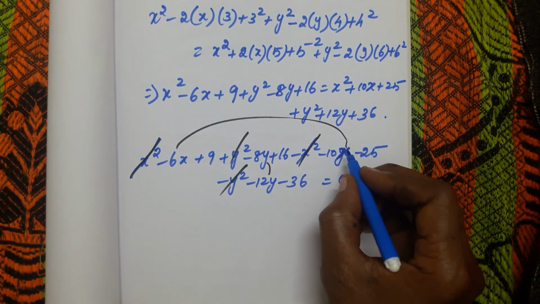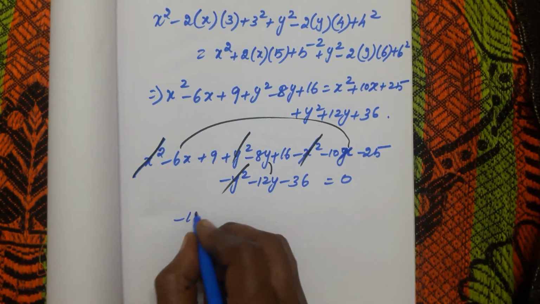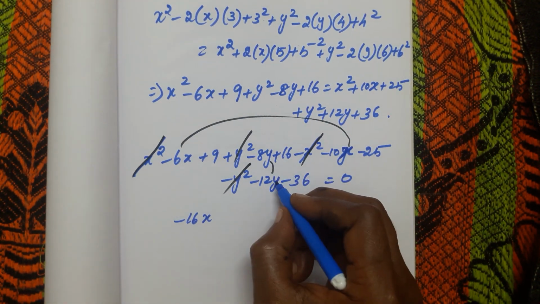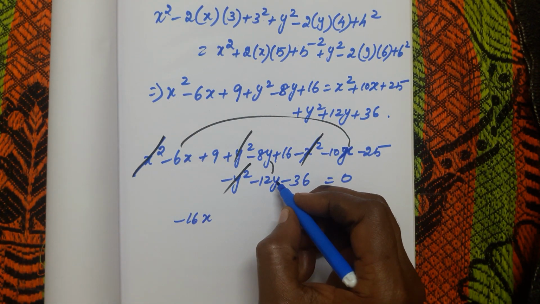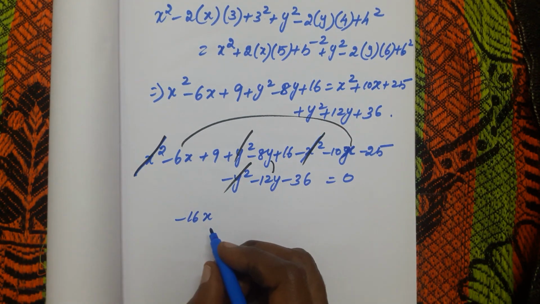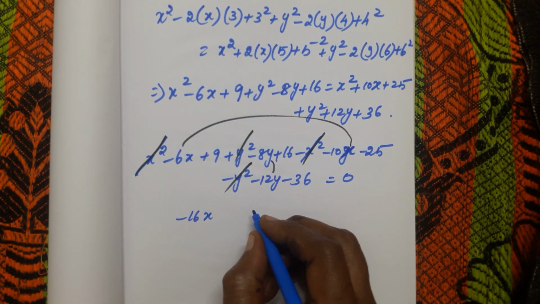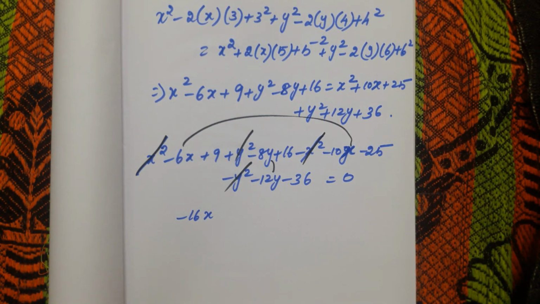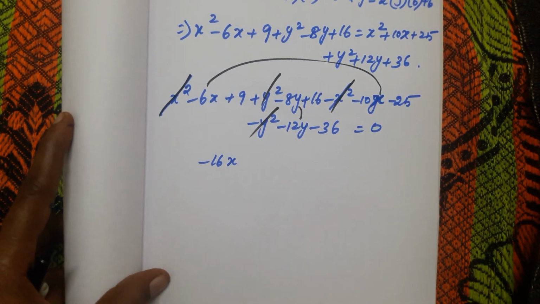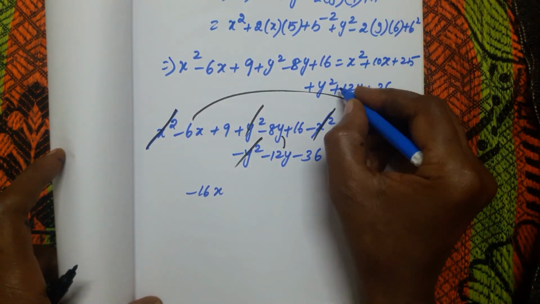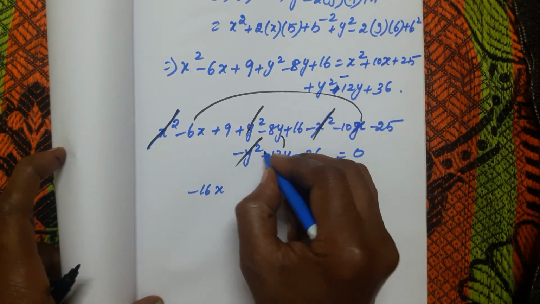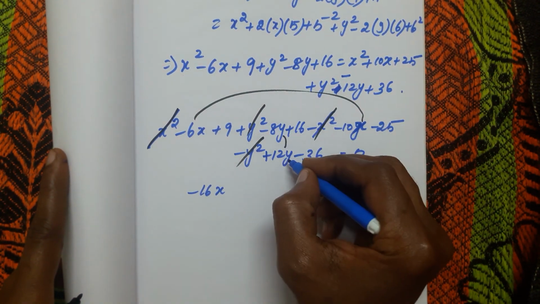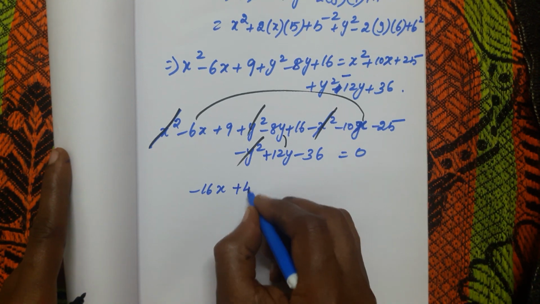Minus 6 minus 10 is minus 16x. Next, minus 8 plus 12 is plus 4y.